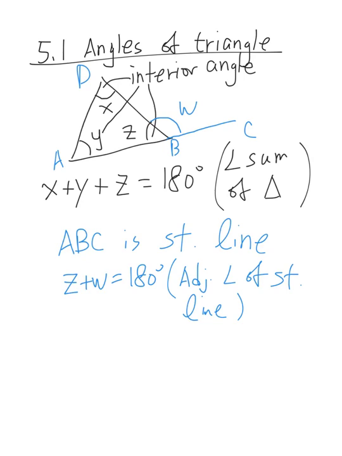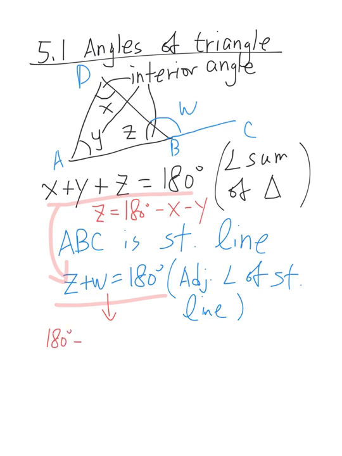Okay, and then we do something, a change of subject. Change of subject of this angle sum of triangle formula into here. Z plus W equal to 180 degrees. Now let me change the angle sum of triangle, change the subject to Z. So Z will be equal to 180 degrees minus X minus Y. So that's why this adjacent angle of the straight line will become 180 degrees minus X minus Y plus W equal to 180 degrees.